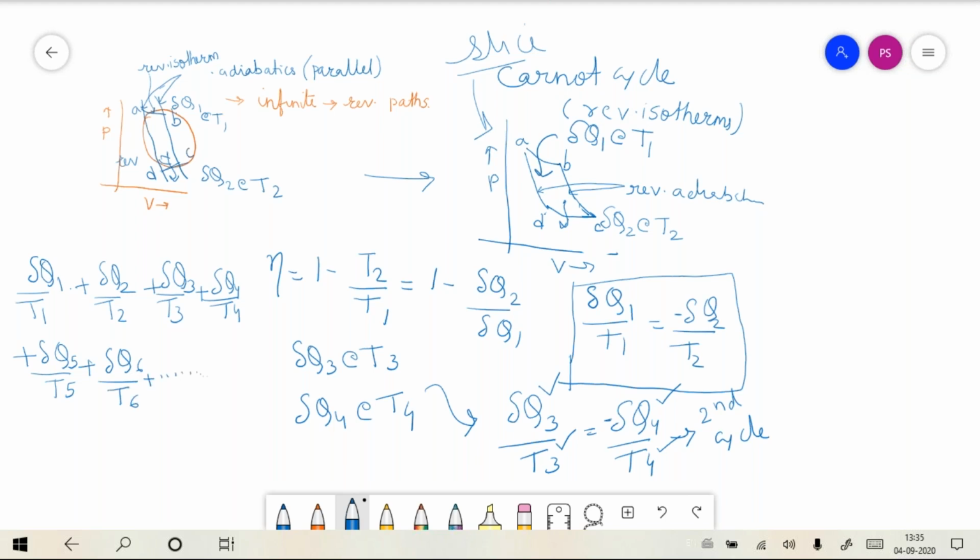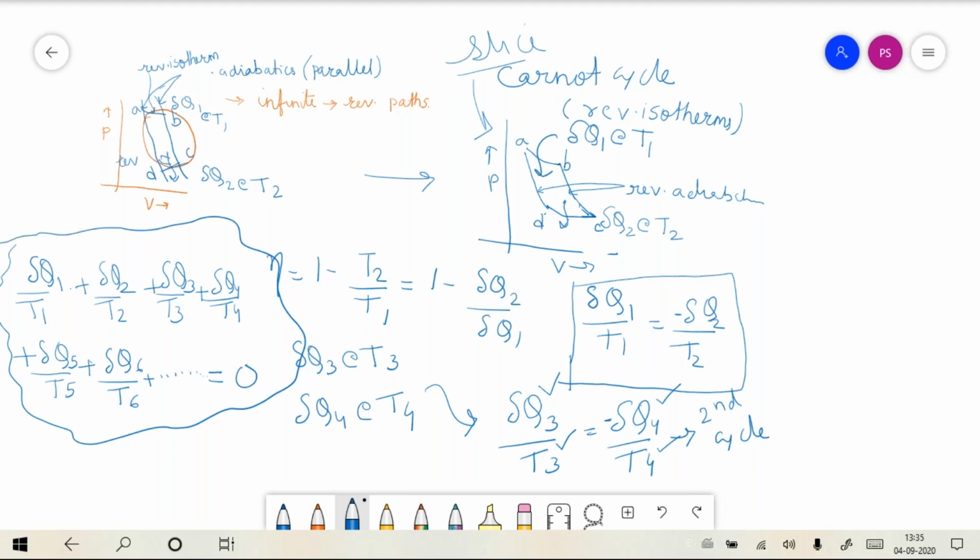You need to continue writing for infinite number of slices, and this would become 0, because del Q1 by T1 plus del Q2 by T2 is equal to 0, del Q3 by T3 plus del Q4 by T4 is equal to 0, like this. So what you will get is an interesting expression.